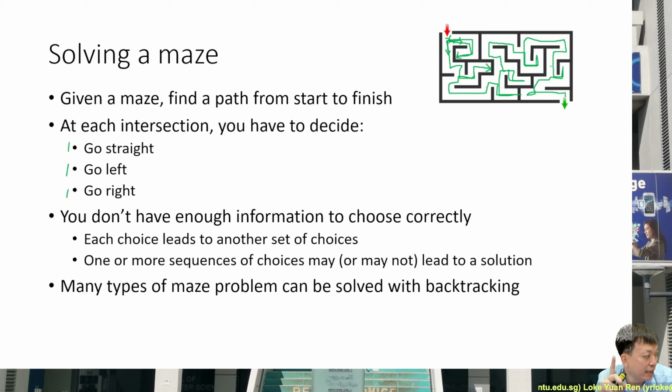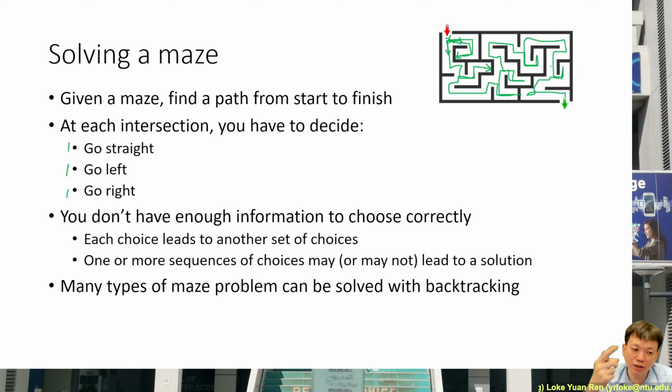Once a place is visited, you already make a marker that this particular path is not possible, so you won't go back. You won't retry it again. You will choose those possible paths which you have not tried, which you have not visited earlier. Then you keep doing this.